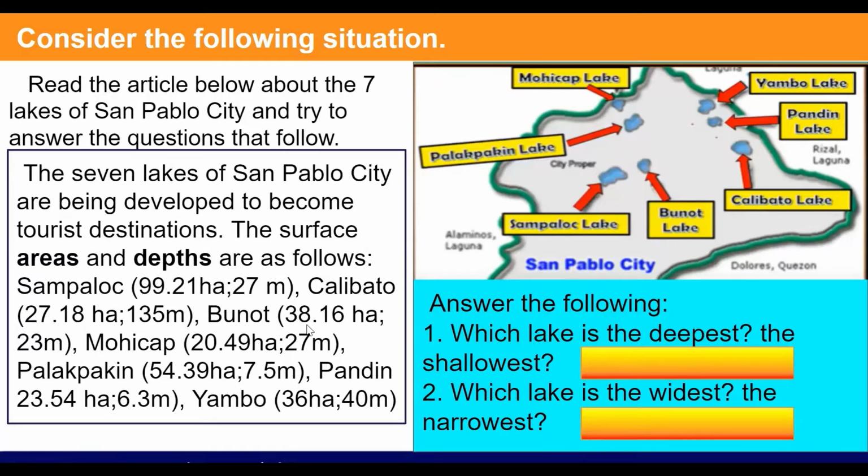Next, Bunot, 38.16 hectares is the area and the depth is 23 meters. Mohicap, 20.49 hectares and 27 meters is the depth. Next, Palakpakin, 54.39 hectares and the depth is 7.5 meters.